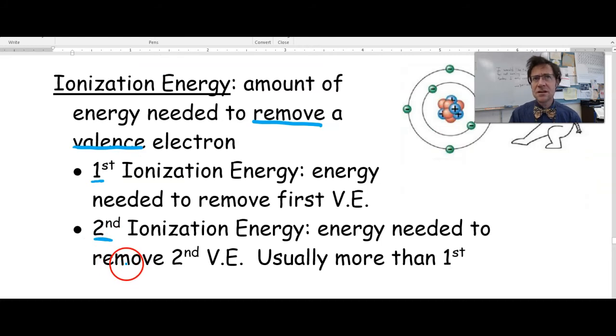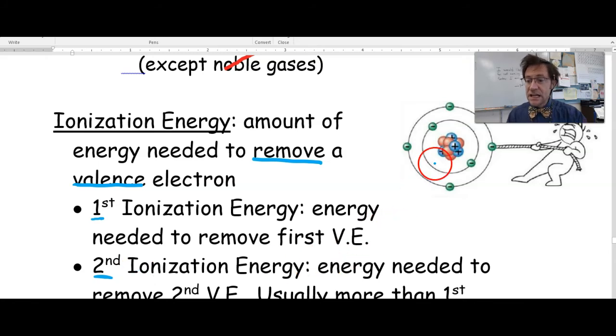It's a different way to measure the same thing, right? So if ionization energy is really, really high, like if this dude has muscles like this, it's huge, that means it's probably not going to be losing electrons, probably going to be pulling electrons into itself. It's just another way for us to know.